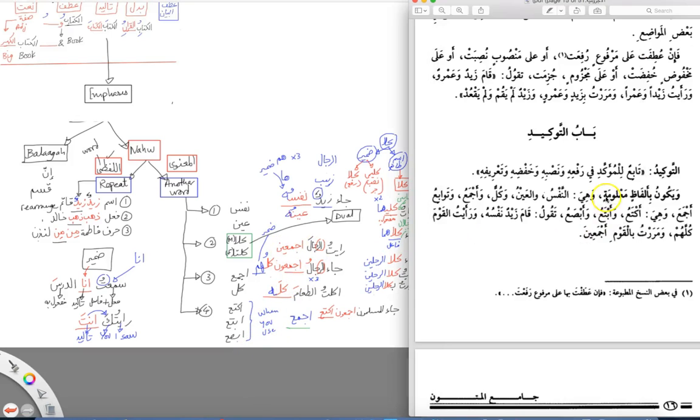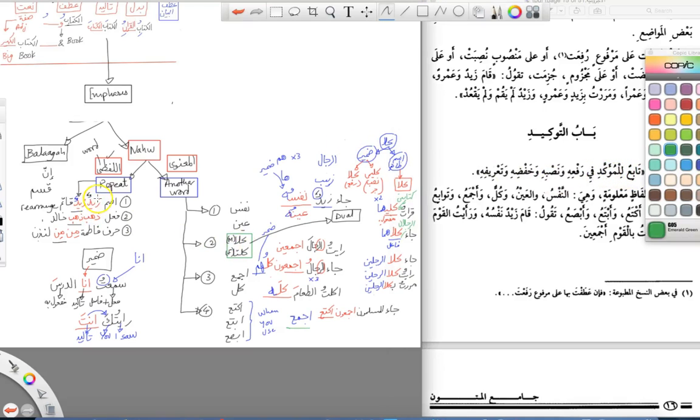So let's look at the text and then do the Quran. Babu Tawkeed, the chapter of emphasis, Tawkeed. At-Tawkeedu, Tawkeed is tabi'un, it's a following word, lil mu'akkadi. So you see the words over here, like the ones I do in green, they're known as mu'akkads. Mu'akkad, mu'akkad. Rajul, ar-rajul, at-ta'am, Zaid, Zaynab, etc. These are known as what?